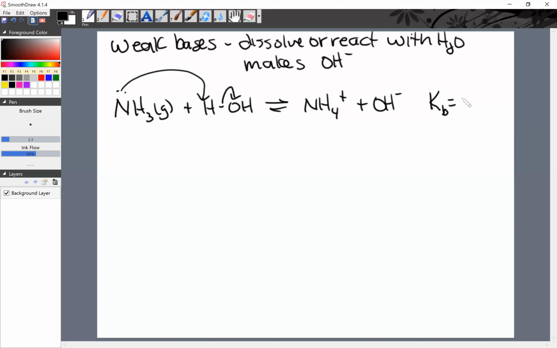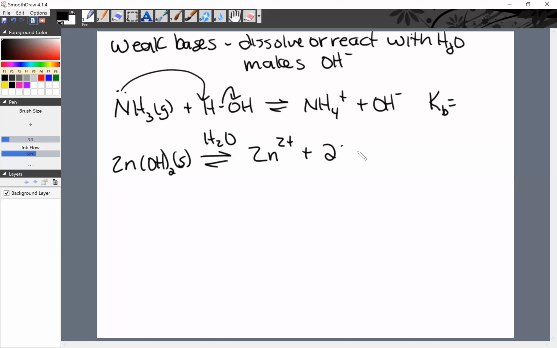And then anything with, let me see, so calcium, let's just do zinc hydroxide. Any ionic that has a hydroxide. Remember, this isn't reacting with water, this is just dissolving, so this is a dissociation.